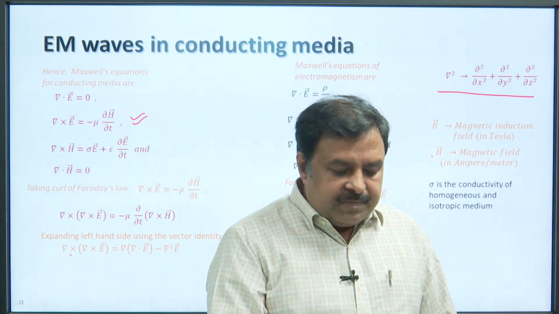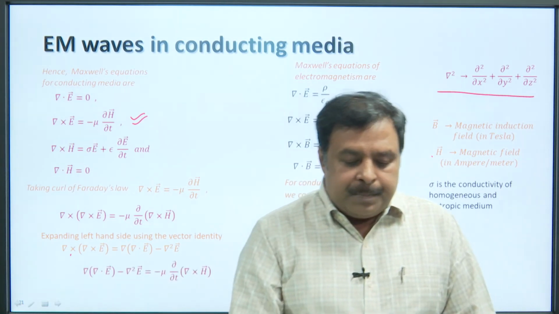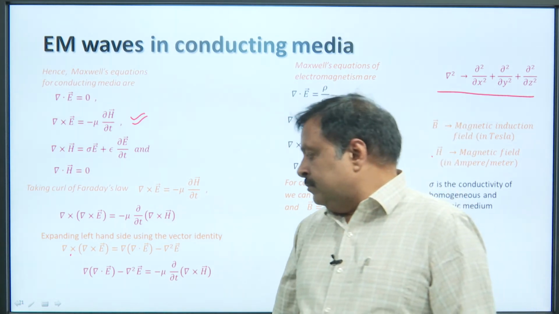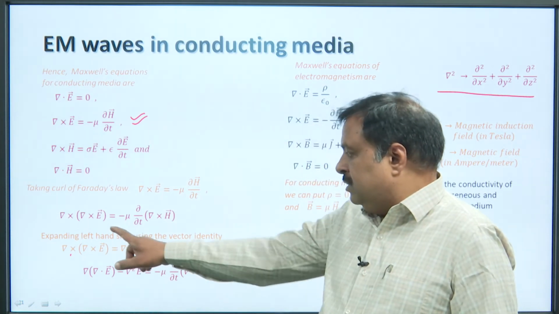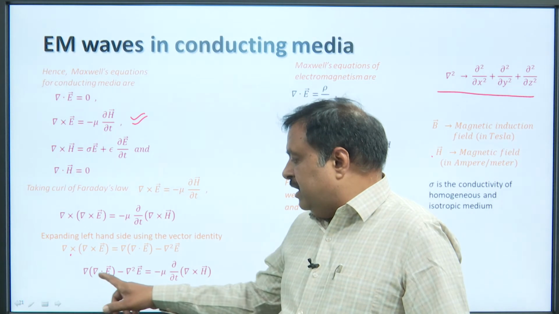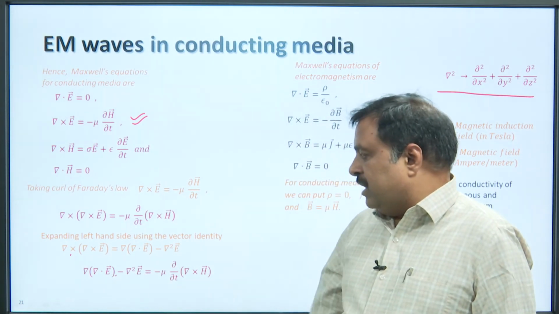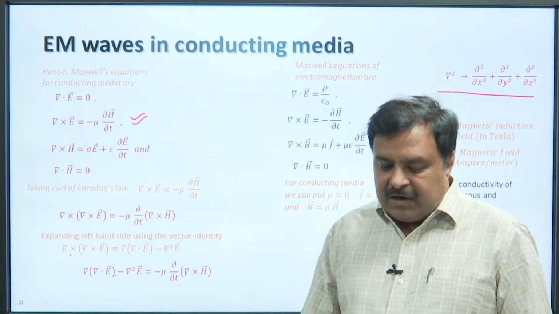So, when we expand the left hand side using this vector identity, we obtain gradient divergence E minus del square E equal to minus mu delta by delta t of del cross H.